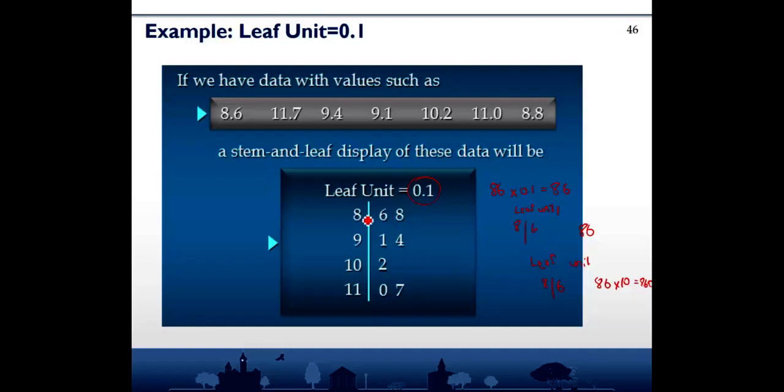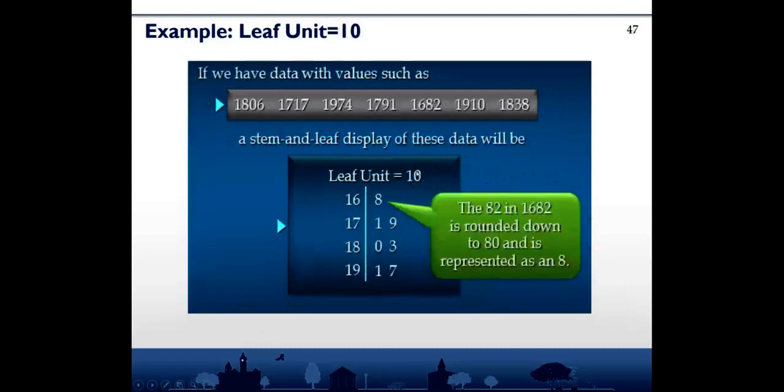And this is not 88, this is 8.8. And here the leaf unit is 10, such as this is not 168, it is 168 times 10, 1680. We don't actually have 1680, but it is an approximate value, it's rounded.